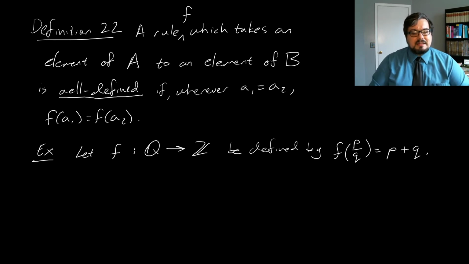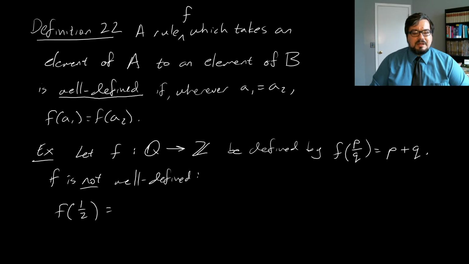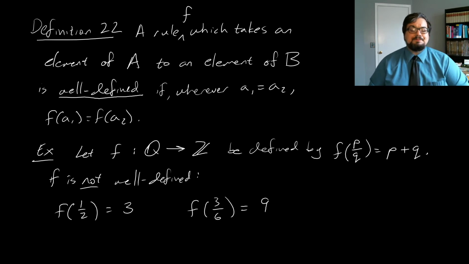However, this F is not well defined, because if we take F of 1/2, we get 3, but if we take F of 3/6, we get 9. But, of course, 1/2 and 3/6 are equal to each other.